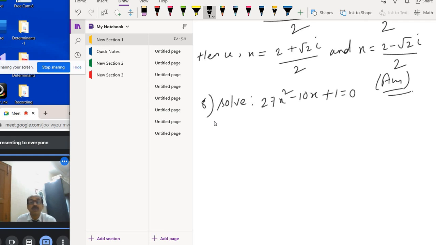So comparing with ax square plus bx plus c equal to 0, here a equal to 27, b is minus 10, c is 1.